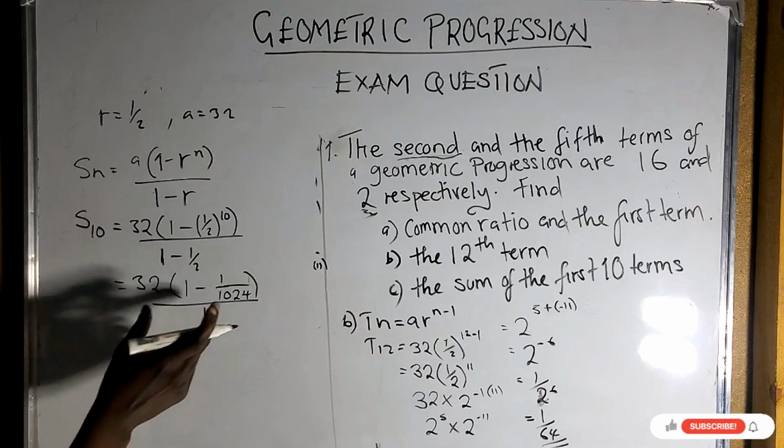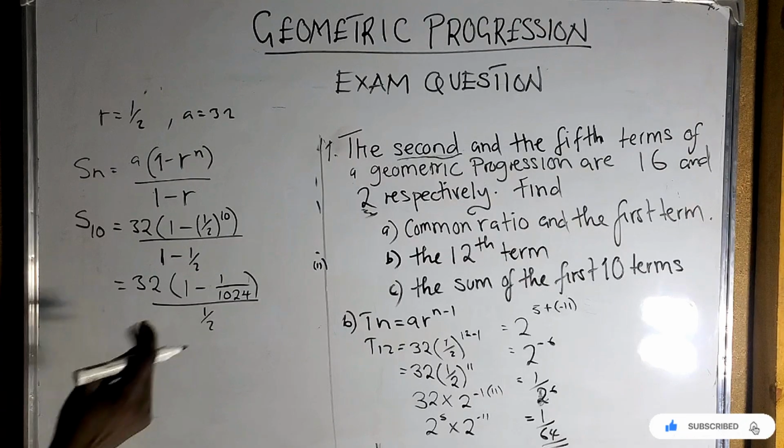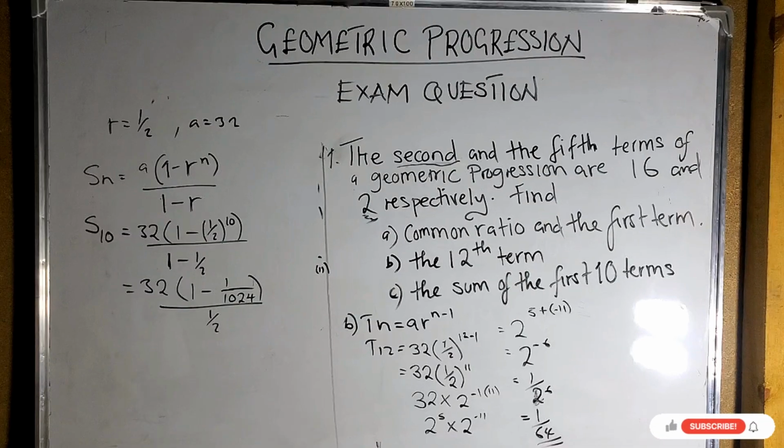Then, what is inside here, you can just say 1 minus 1 divided by 1024.